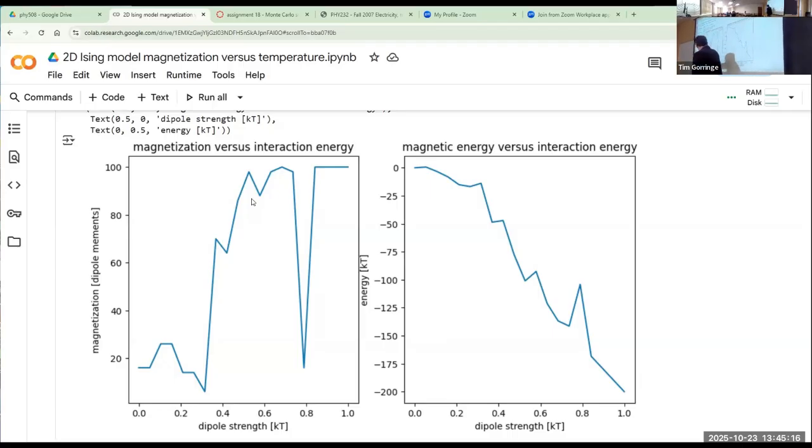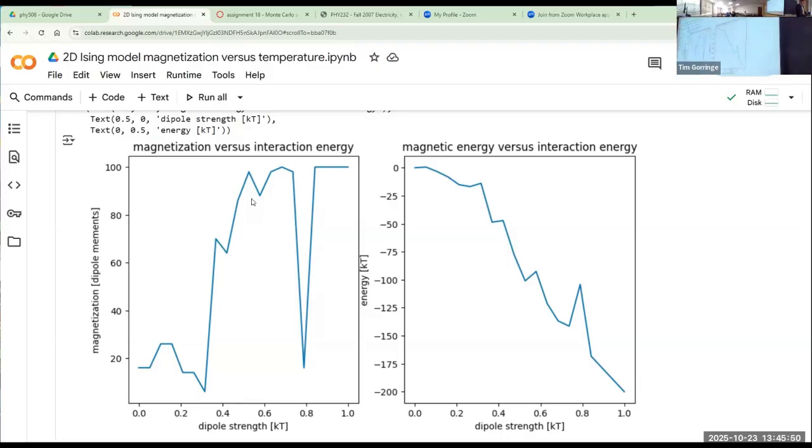And what you're seeing here is that as you increase the magnetic dipole strength, the interaction energy strength, you go from a low magnetization of the material here to a much larger magnetization over here. Likewise, you go from a low magnetic energy to, because they tend to line up, a large magnetic energy over here when the dipole strength is larger.